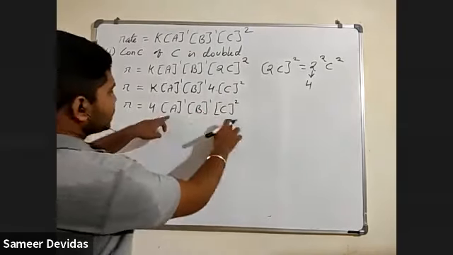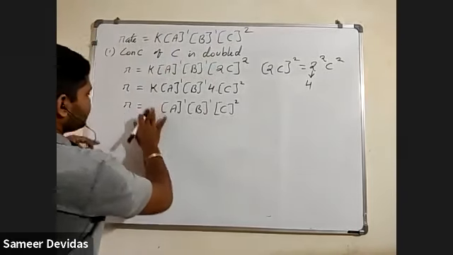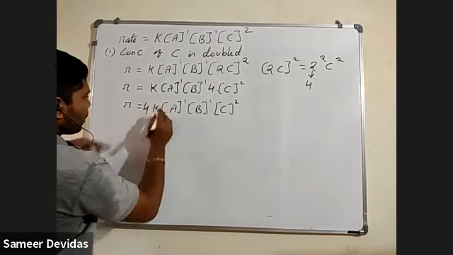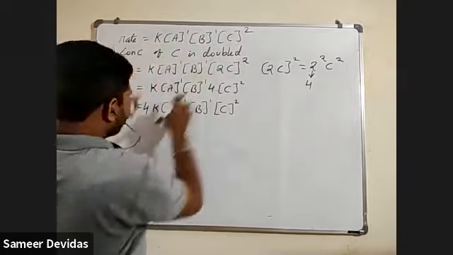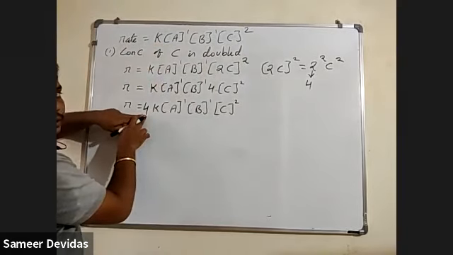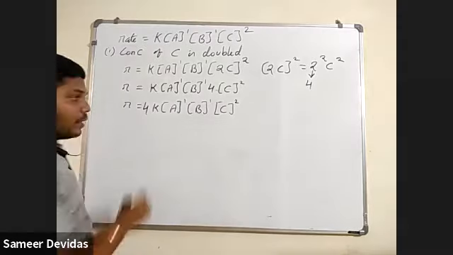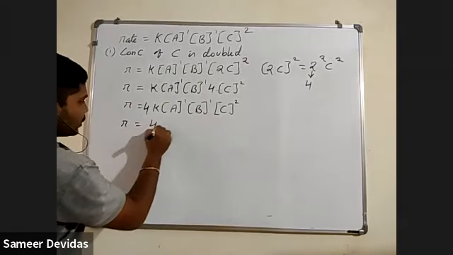So if you see this, this is as it is. But what number came here in front? 4. So your answer is what? Rate is changed by how many times? 4 times. Is this clear, everyone? Yes, sir. Only you have to focus on the numbers.